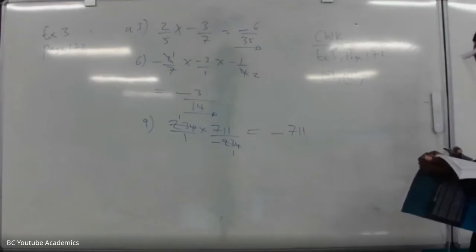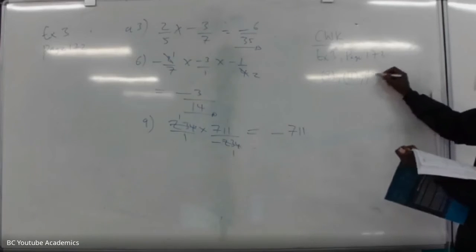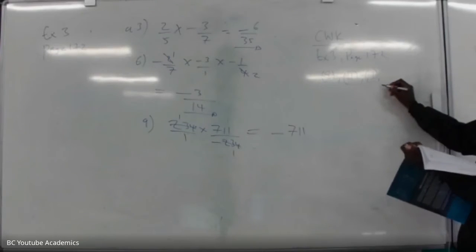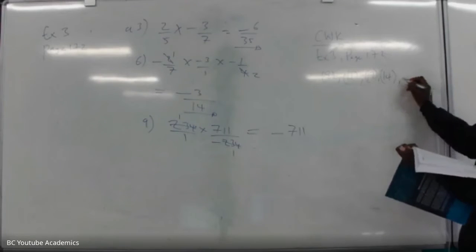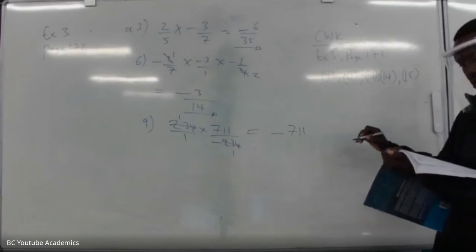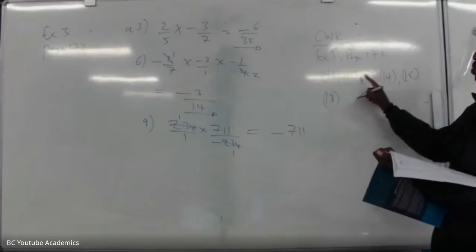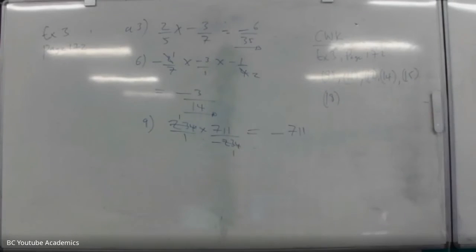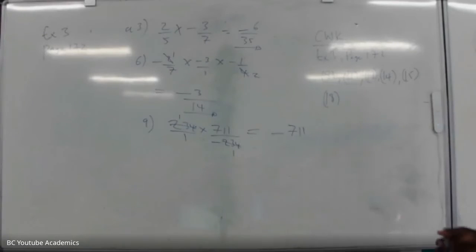Oh, good. 12, 14, 15, 18. 1, 2, 3, 4, 5, 6. Okay, let's do that. And please show your working, show your working.